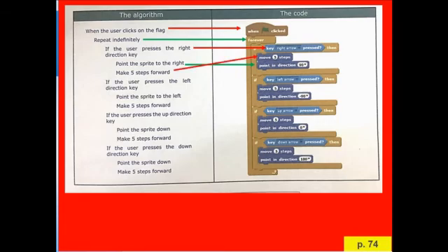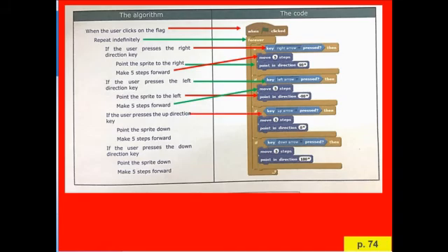Make 5 steps forward, the code is move 5 steps. If the user presses the left direction key, the code is if key left arrow is pressed, then point the sprite to the left, the code is point in direction negative 90. Move 5 steps forward, we have move 5 steps.